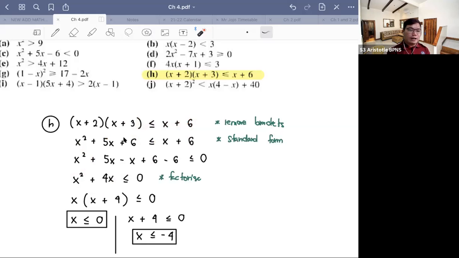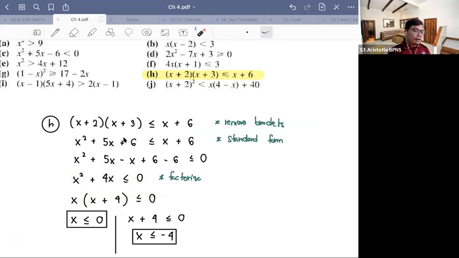To solve for the values of x, or for the solution set of x, what you can do here is just factorize x. All right, so x is the common factor, so we put x here in front, and then divide each of these terms by x. So x squared divided by x is x, of course. 4x divided by x is 4. And then less than or equal to 0.